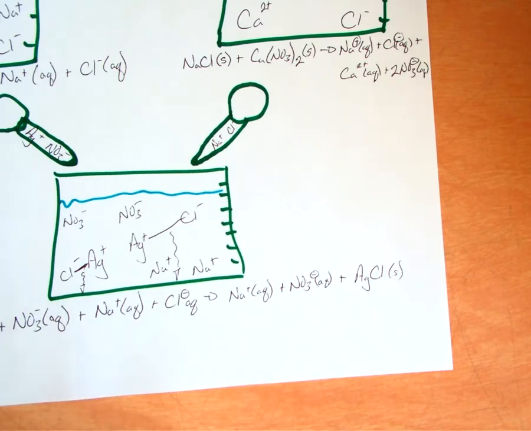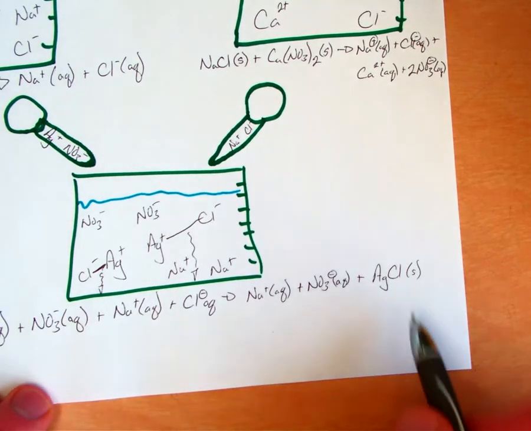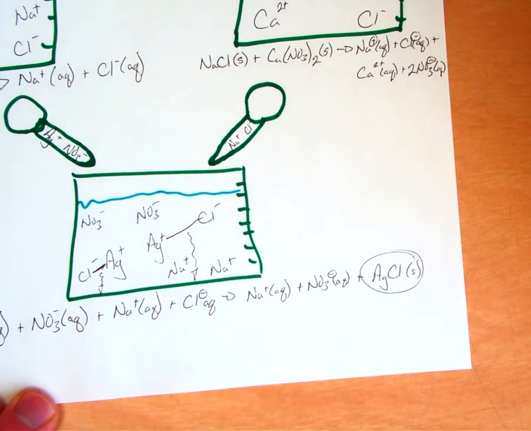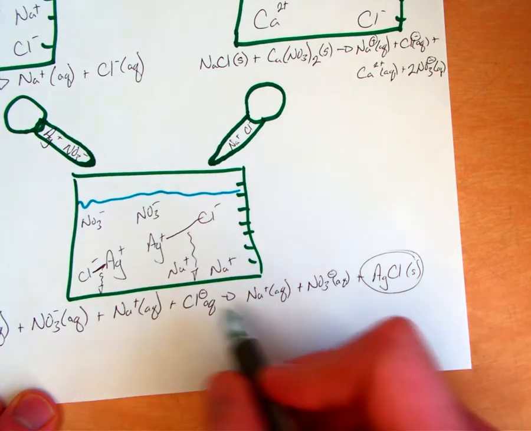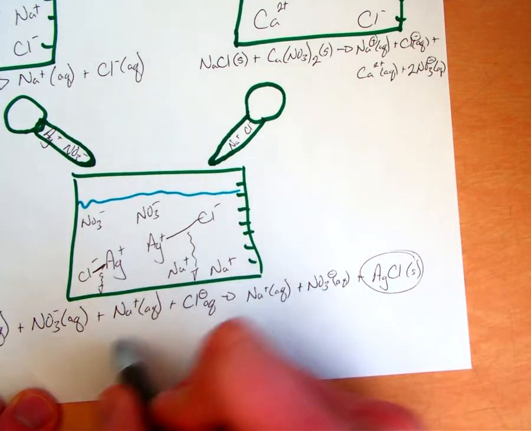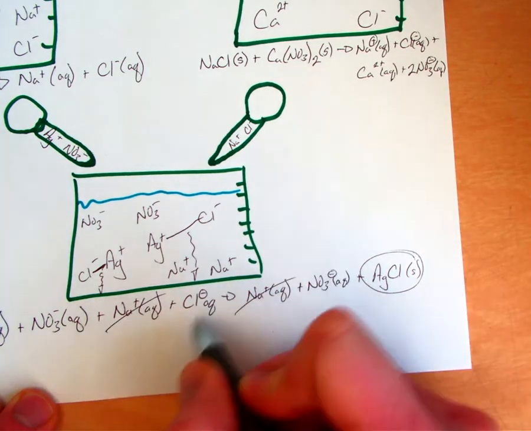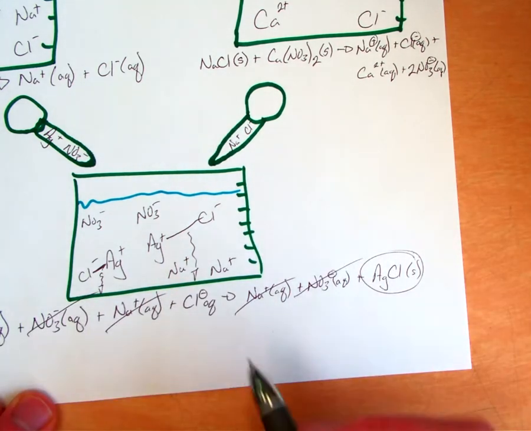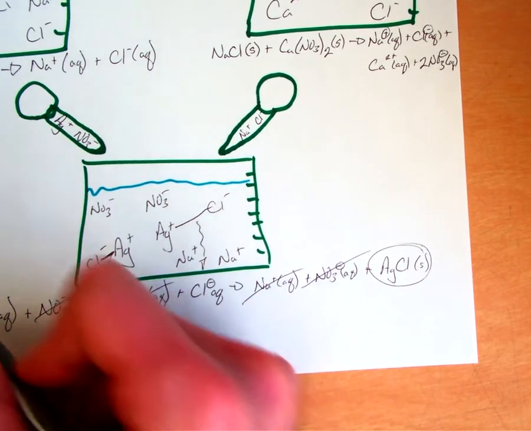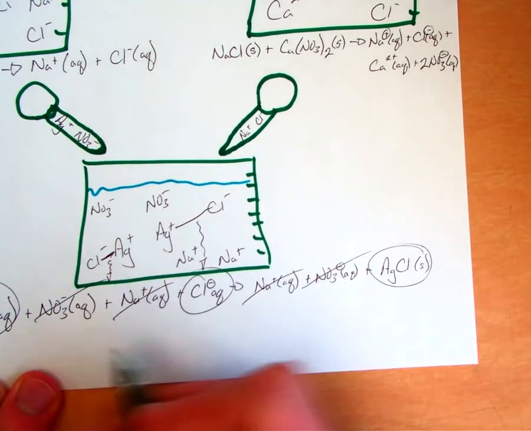Now, if you were asked to write the net ionic equation, the only thing that we're concerned with is silver chloride. So we can eliminate the rest because whatever's on the left side of the equation is also present on the right, meaning that it did not change. So the only change here is between silver, chlorine, and silver chloride.